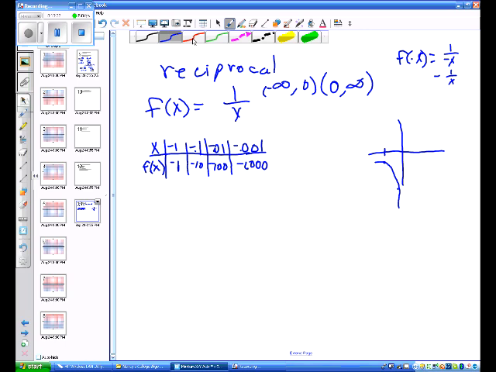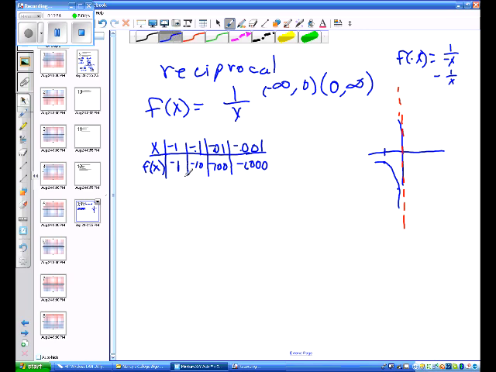Which then tells us that our y-axis, or where x equals 0, is an asymptote. It's what we would call a vertical asymptote. Our graph is getting closer and closer to it, but it's never going to be that value. So we have our asymptote there.